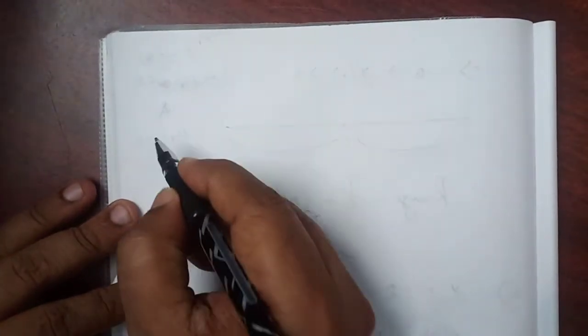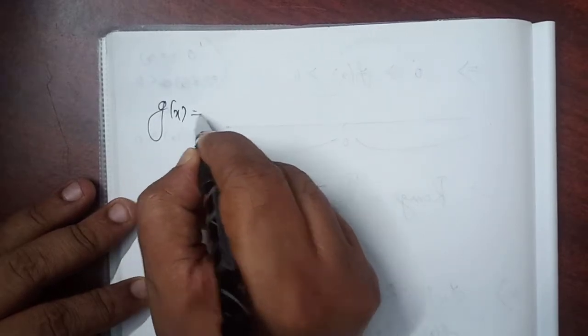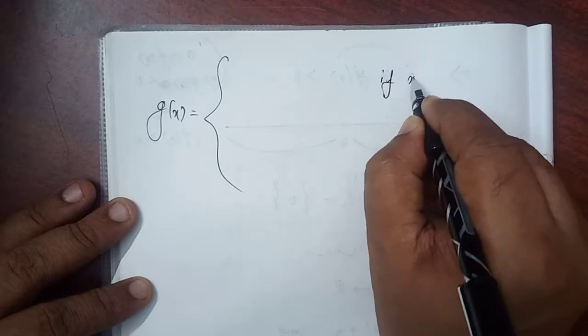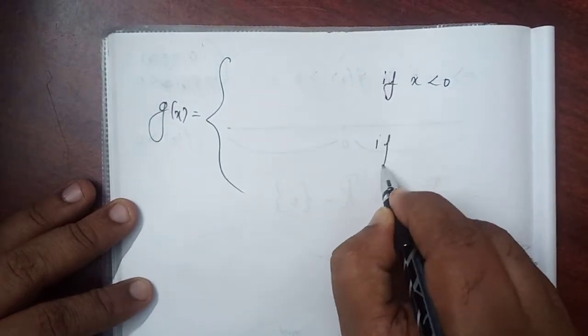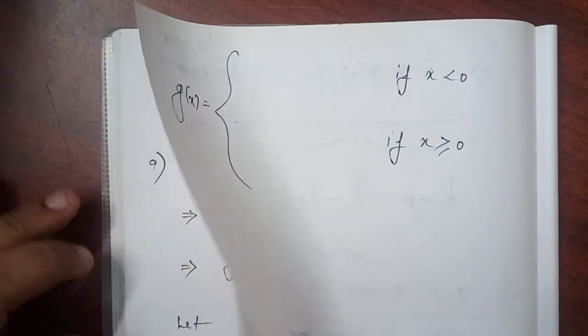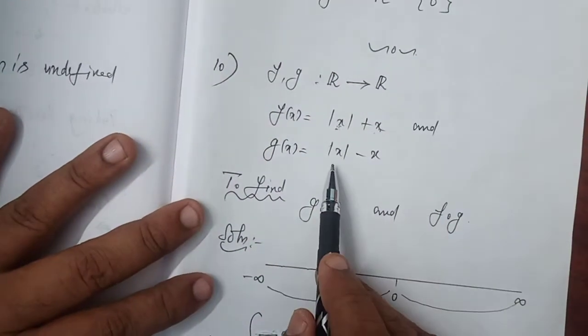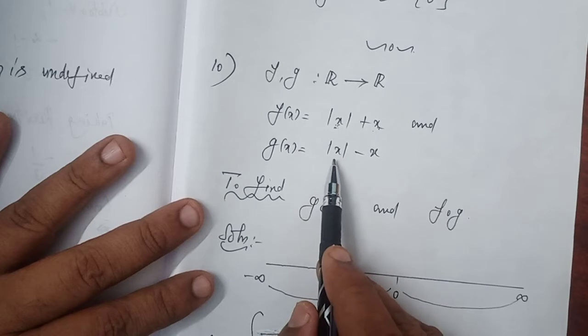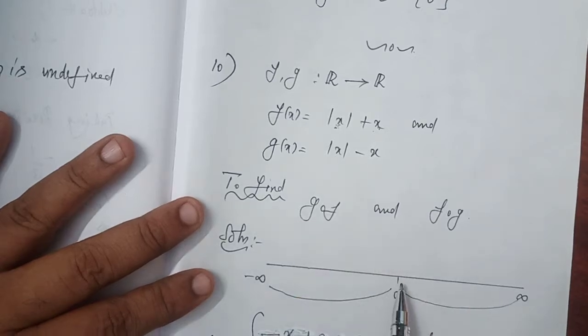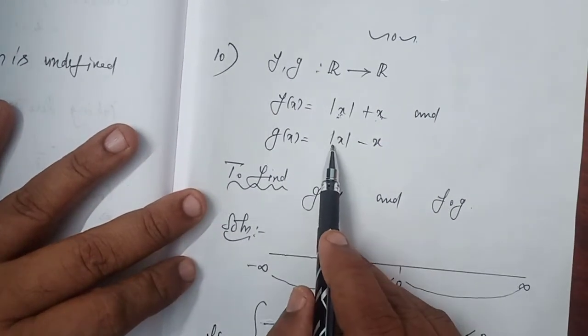Now g of x, that is equal to, here also two cases: if x less than 0, if x greater than or equal to 0. Okay, here we have g of x. For x less than 0, the modulus of x should be replaced by minus x. Remember, for less than 0 only, in that case only, here minus x.